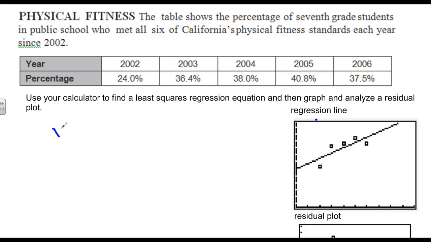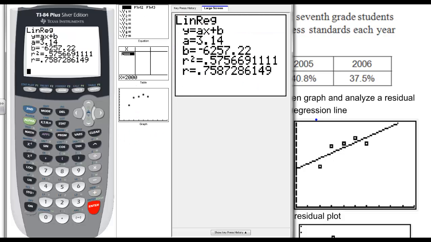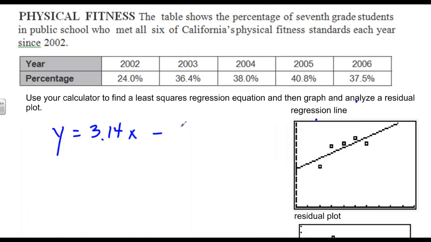Y equals 3.14x minus, need to go look at that number again, 6,254 for y, and that's going to be my regression equation.